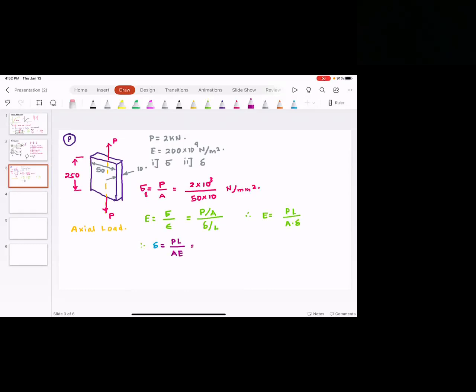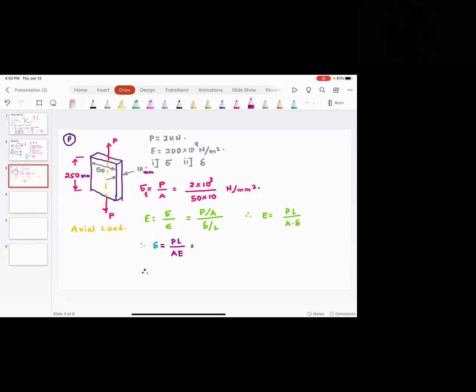Now please note, dollars to dollars, pesos to pesos. This dimension is in millimeter, this dimension is in millimeter, but the Young's modulus is given in Newton per meter square. So I cannot have Newton per meter square on the left hand side and Newton per millimeter square on the right hand side. They have to be consistent.